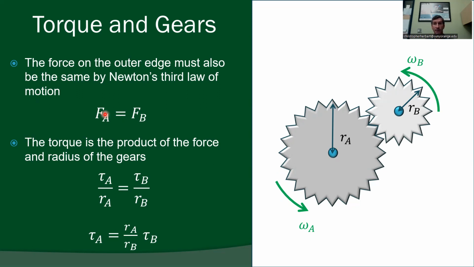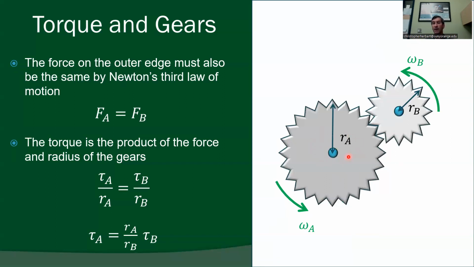Torque is force times the moment arm. So I take the torque divided by the moment arm, set that equal to the force, and I see that the torque on gear A is going to be equal to the radius of A divided by B times the torque on B. So if I have so much torque on the smaller gear, I can increase the torque on this gear right here by simply having a different radius, okay?